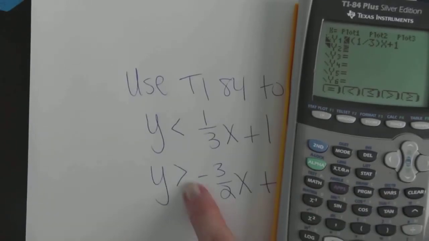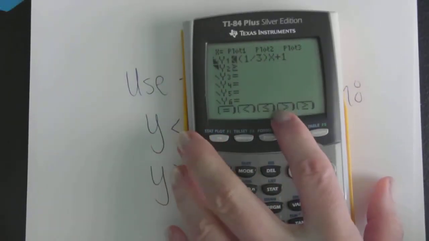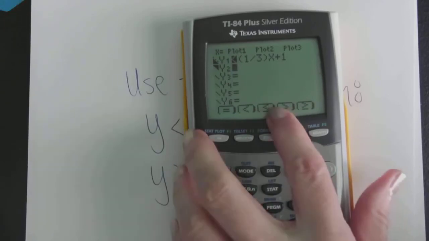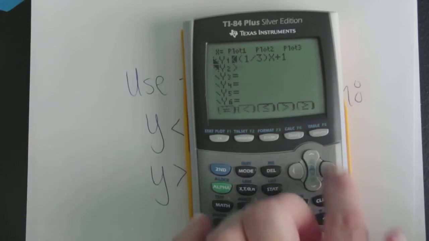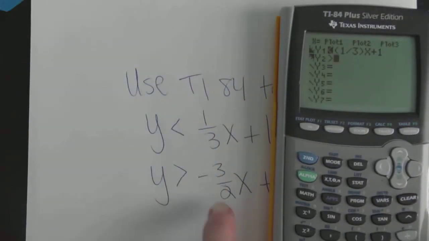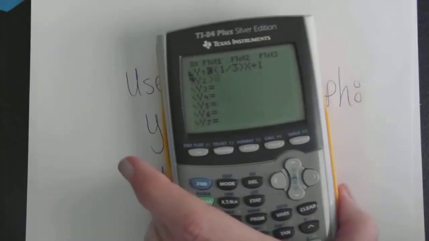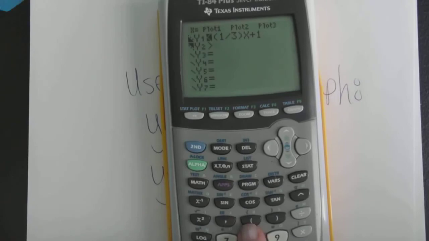Okay, the second inequality, let's arrow over, is greater than, just greater than. We know it's going to be a dotted or dashed line, so greater than. So now greater than is here. That's F4. So alpha F4 changes it, kick out. Now I have a negative 3/2.